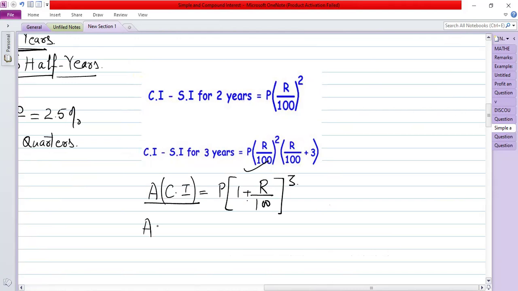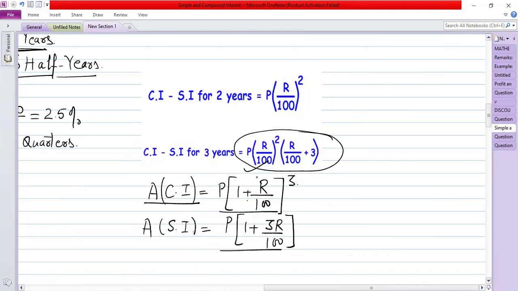And the amount in case of simple interest after 3 years will be P (1 plus 3R by 100). Obviously, if you take the difference of these and take P common, with some calculations, this will be the formula.